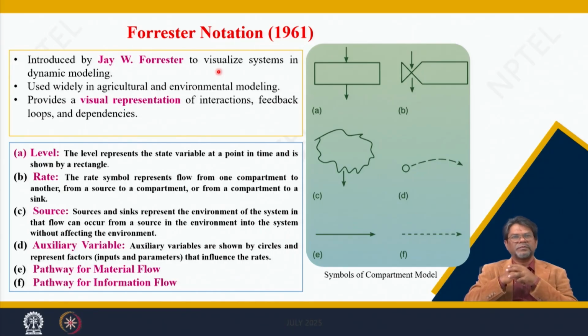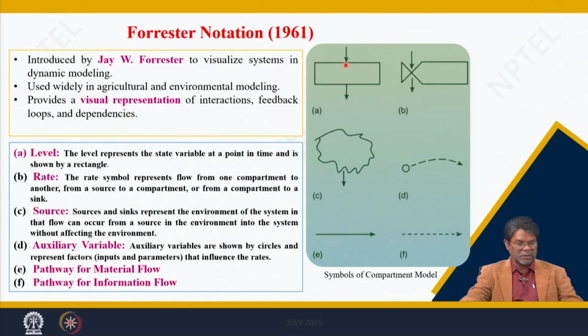That is represented in this model with these symbols and with this flow chart. So, if you see, they can discuss these symbols, this rectangle shows the label. The label represents the state variable at a point in time and is shown by the rectangle. So, in compartment models, the label is represented by a rectangle.